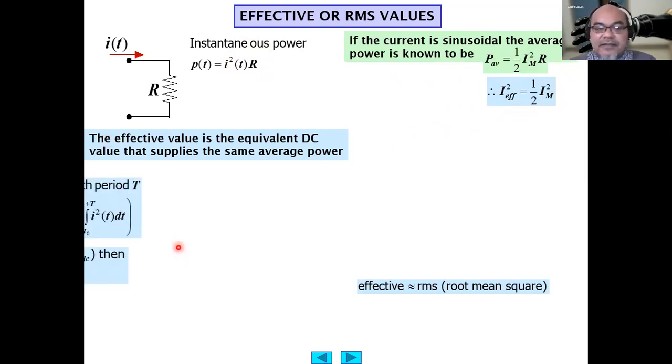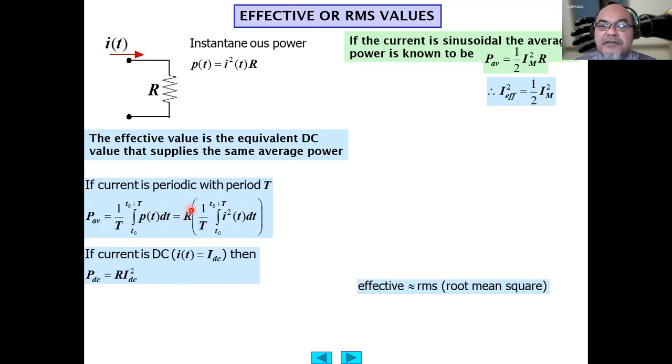If the current is periodic with a period of T, then the average power, actually we have derived this. The average power within that period equals 1 over T integral from T0 until T0 plus T of p(t) dt. Okay, and then we substitute with the formula for the instantaneous power.